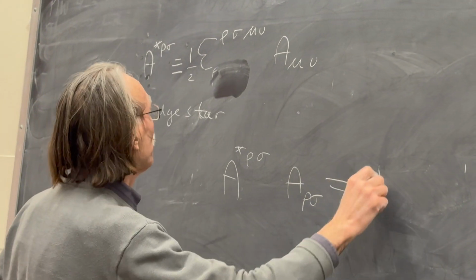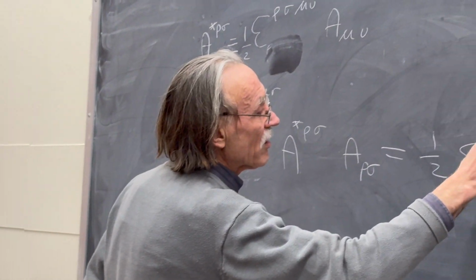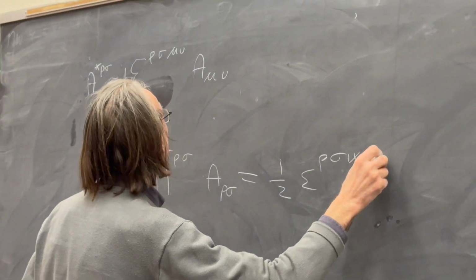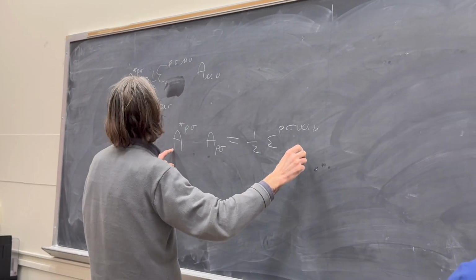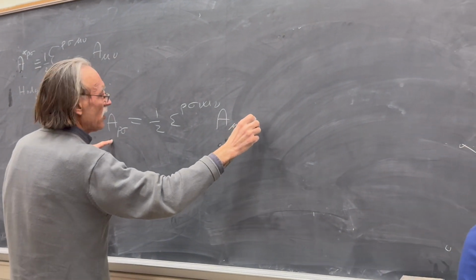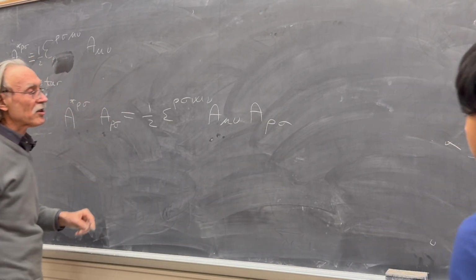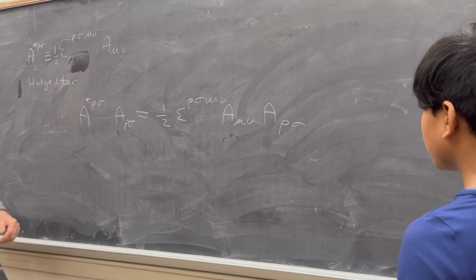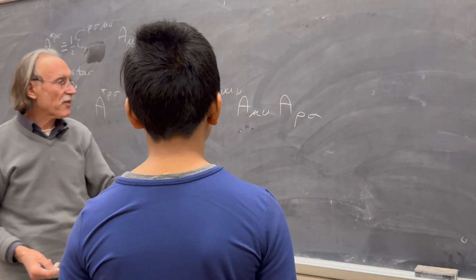So this is equal to 1/2 epsilon rho sigma mu nu times A mu nu times A rho sigma, if I write it out. And if you now do Lorentz transformation, we have to Lorentz transform everything.